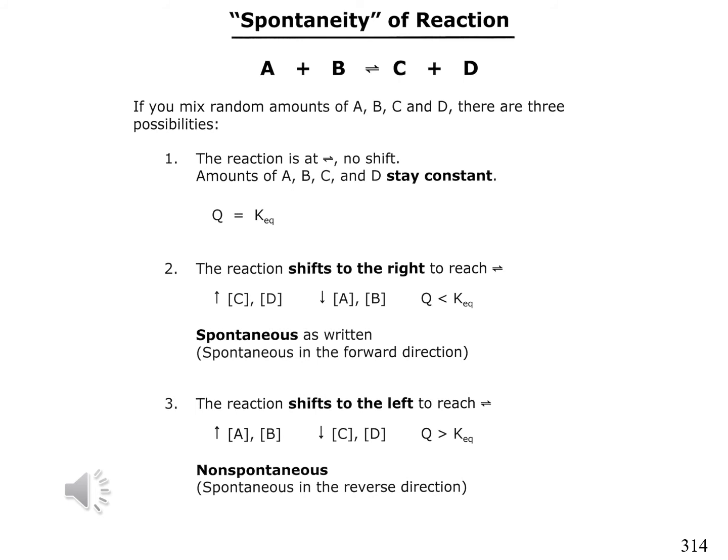If you write it so that it shifts to the right, that's what's called spontaneous. If the reaction actually goes in the reverse direction from how you wrote it, that is non-spontaneous.